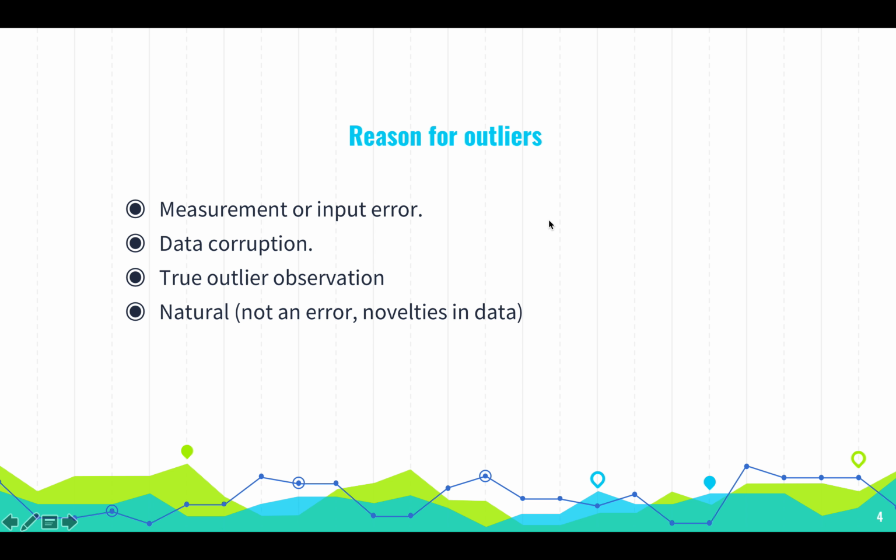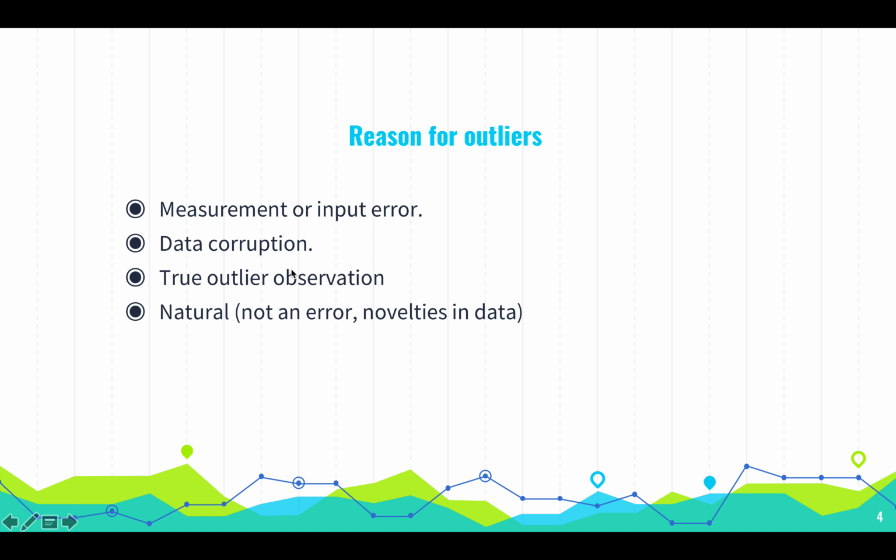Now there can be a few reasons for it. When the assistant wanted to find out what could be the reason, first he thought that it might be a measurement error or an input error. That okay, there can be some mistake while writing this data or while reading this data out. There might be some error, and that is why it's there.